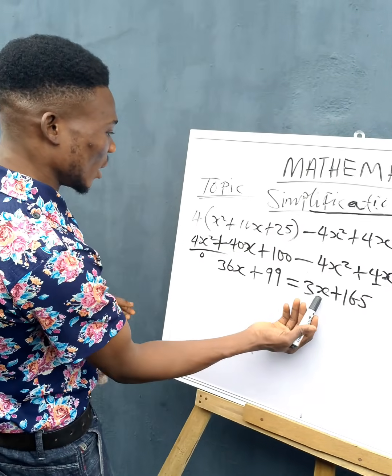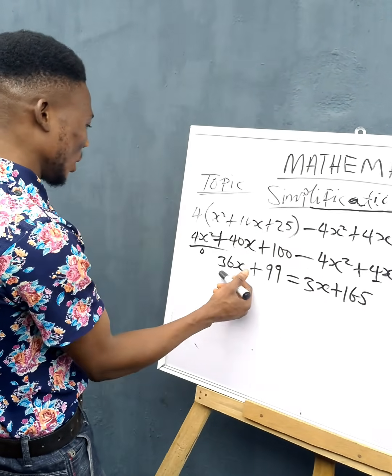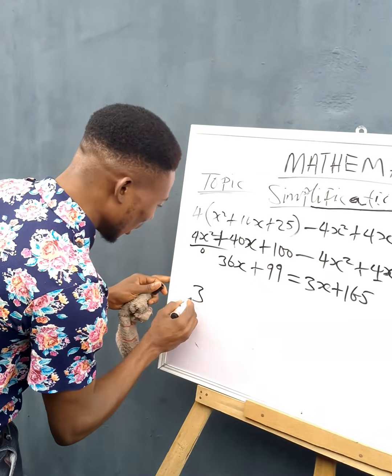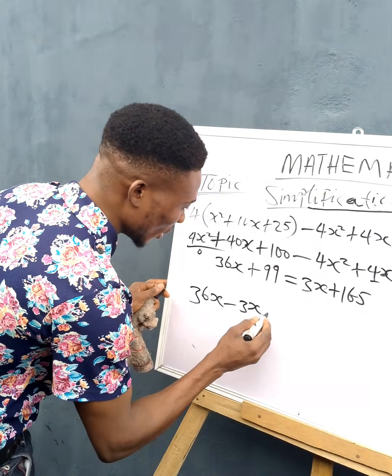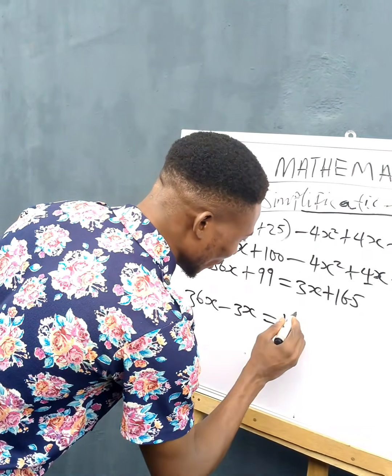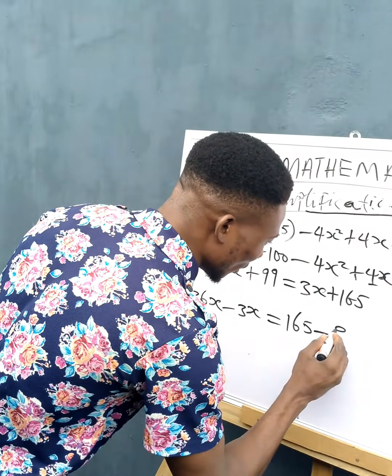Now carry this 3x to come with 36x. That's 36x minus 3x equals to 165 minus 99.